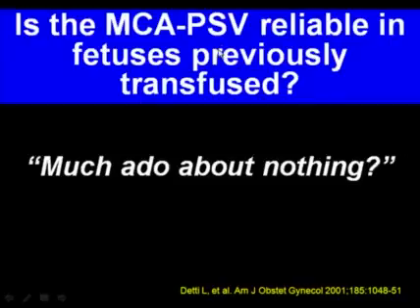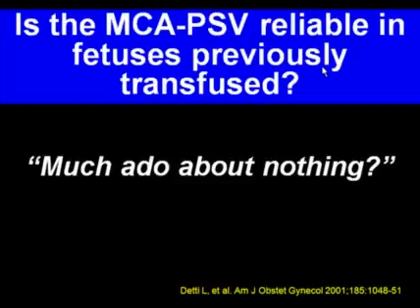Is the middle cerebral artery peak systolic velocity reliable in fetuses previously transfused? There is a study going on now, organized by Greg Ryan and a group in Toronto, with Nelson and other fellows all around the world. I probably will get an answer in 4 or 5 years.